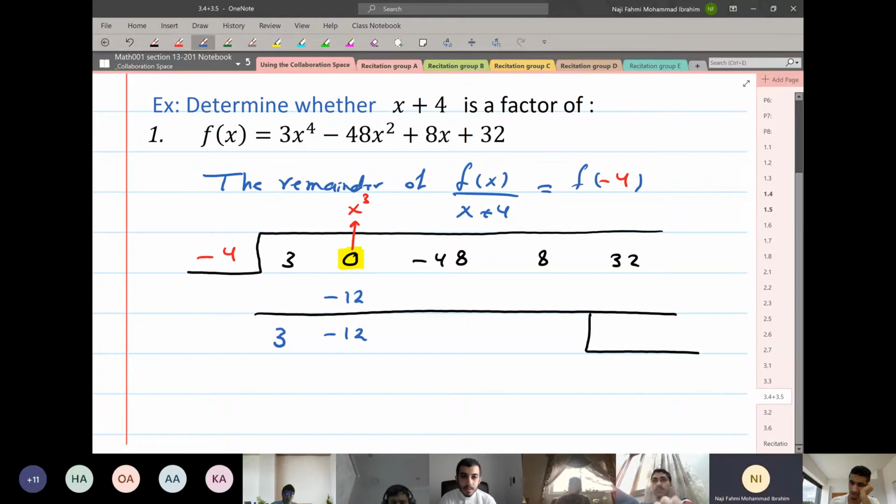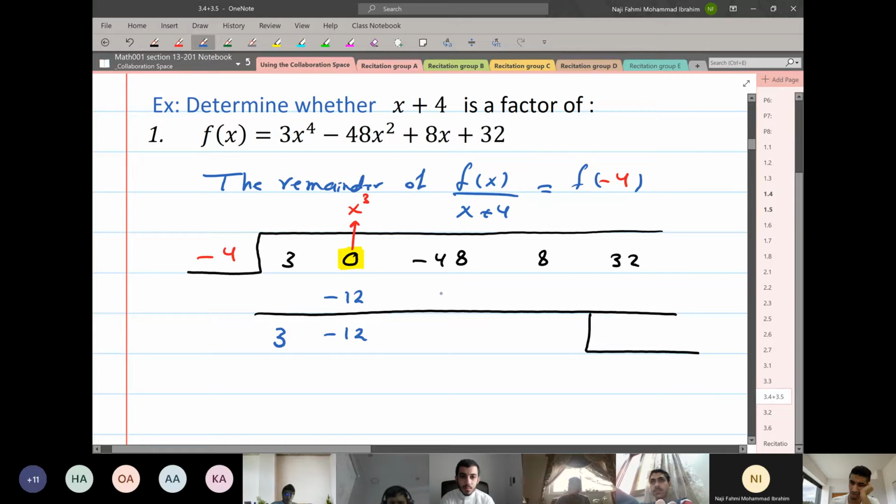Negative 12, then 48, then 0, then 0, 8, negative 32, and the remainder will be 0.